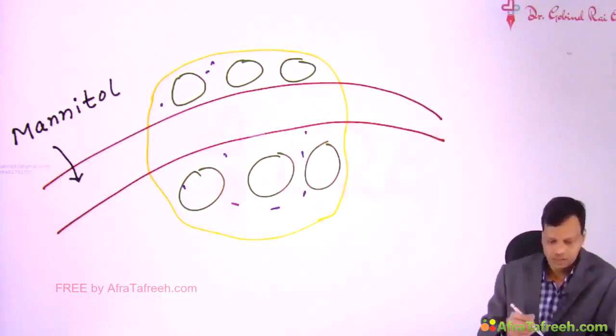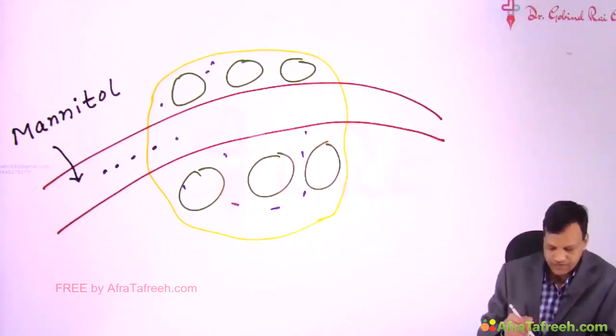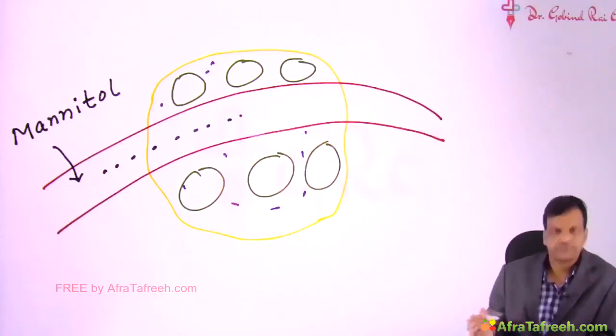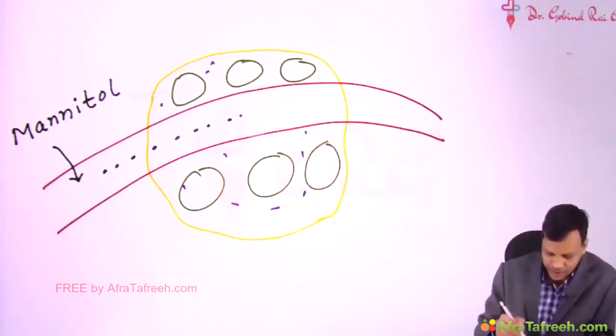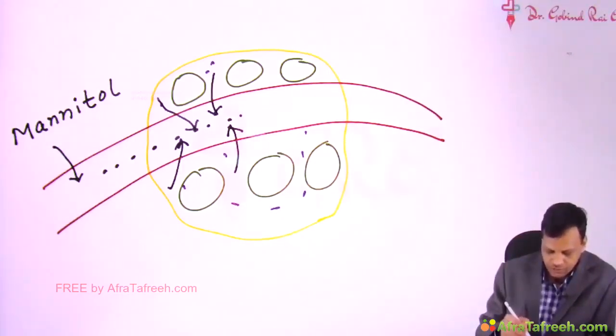along with the blood, mannitol will reach the blood vessels of the brain. Now we know that mannitol exerts the osmotic effect. That means it will attract the water from the neurons. So from the brain water comes.